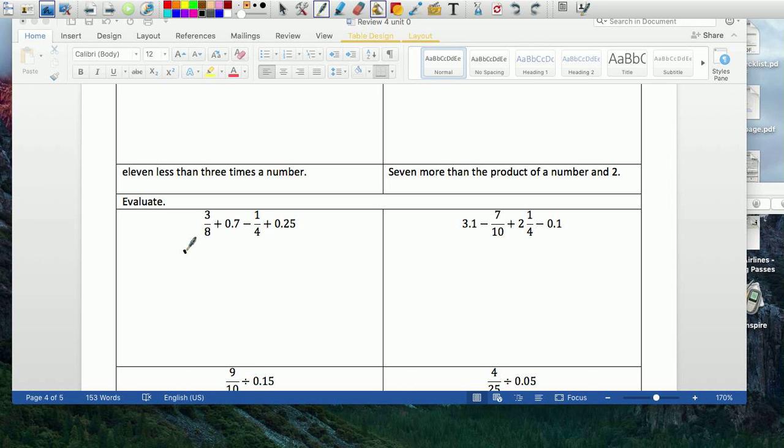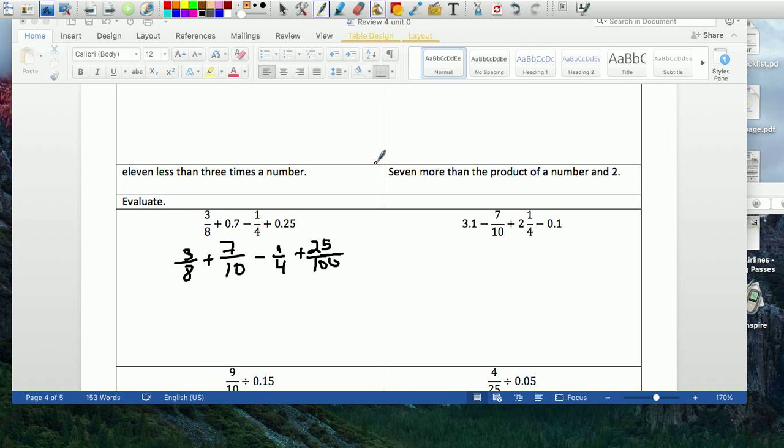So let's do it via fractions. 3/8 is 3/8. 0.7 is 7 over 10, right? 1 over 4. And then 0.25 is 25 over 100, which you can simplify. Okay, you can simplify 25 over 100. You don't have to work with a fraction that big.